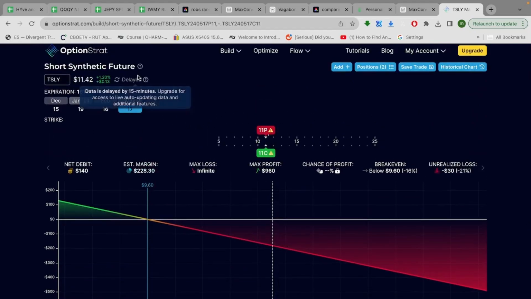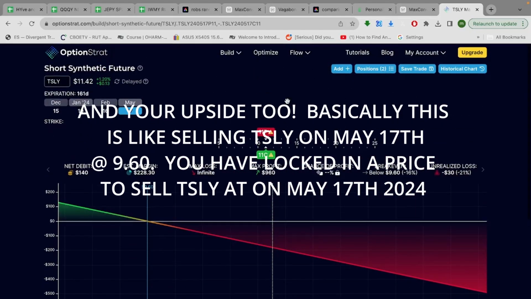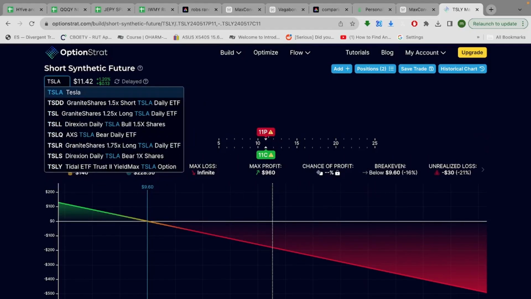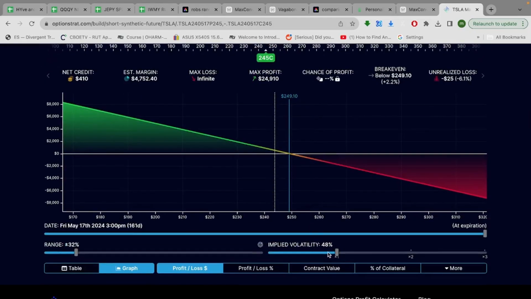What this position is, a short synthetic, is where you buy a call and you sell a put. This perfectly hedges your downside. To the penny, this will hedge your downside. So the implied volatility of that is 41.1. Then we have to look at Tesla's implied volatility for 6-month insurance for the same expiration date, buying the at the money put, selling the at the money call, and it's 48.